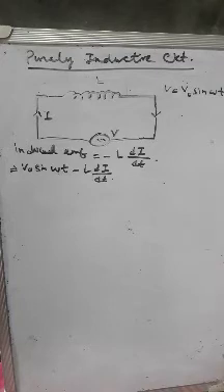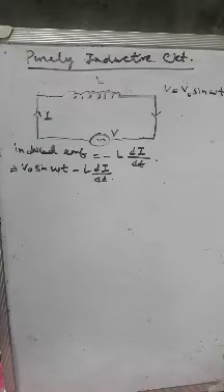So a purely inductive circuit has no resistance. Remember this, very important for your objectives. A purely inductive circuit has got no resistance at all. That means your R is 0.